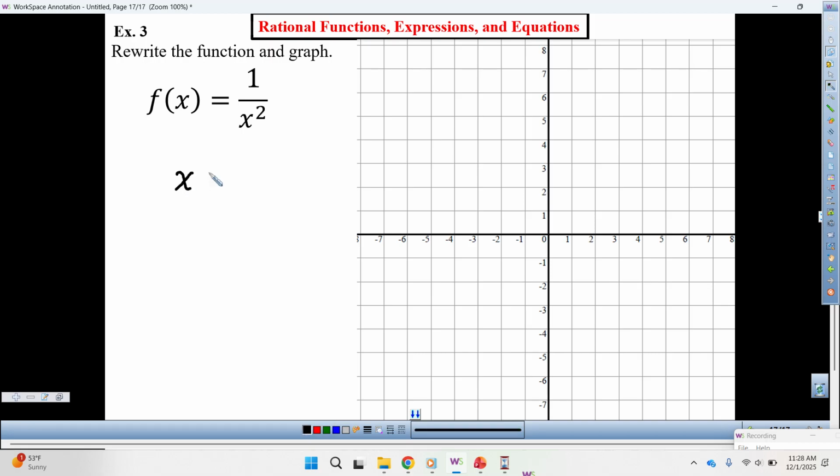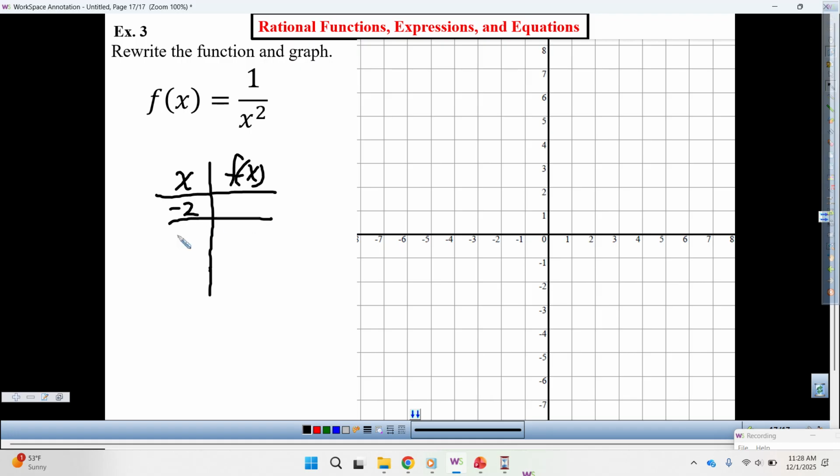X, f of x. And we're going to use -2, -1, 0, 1, 2. All right, so I'm going to use this to substitute our x value.